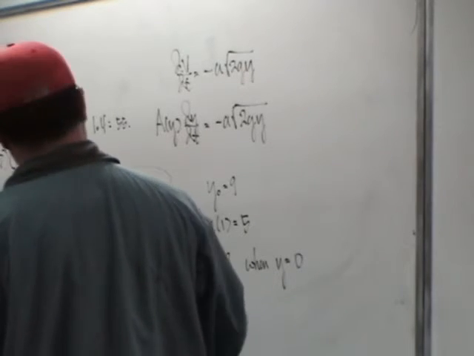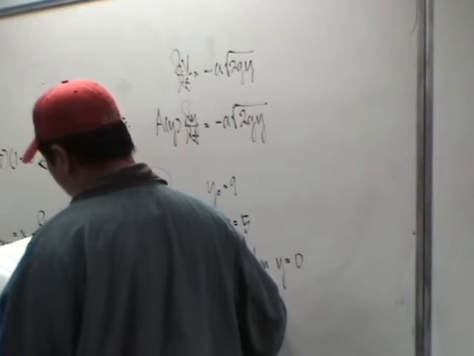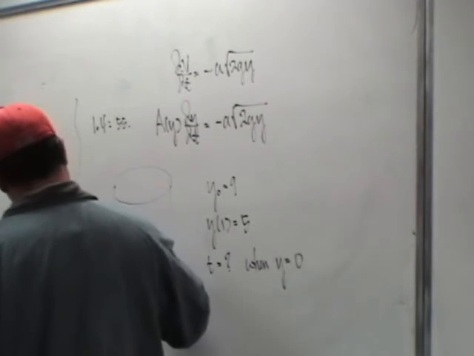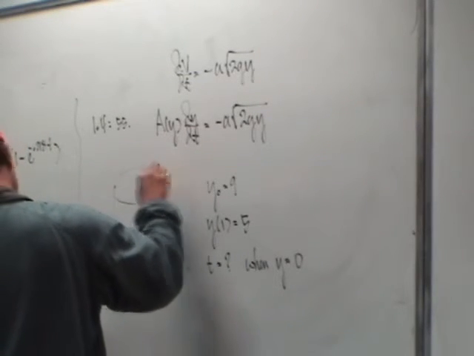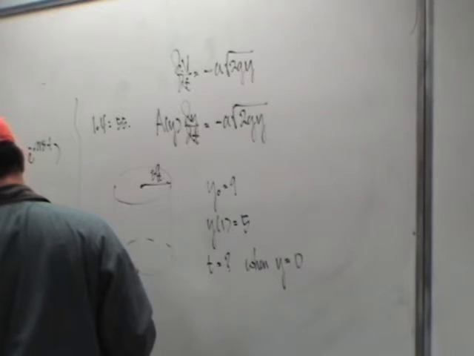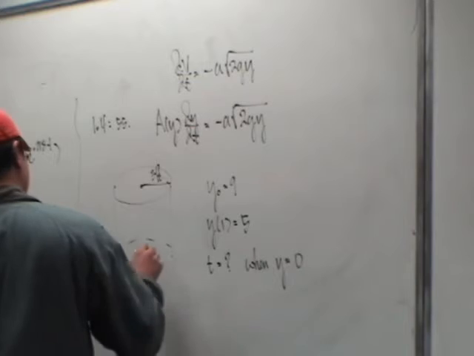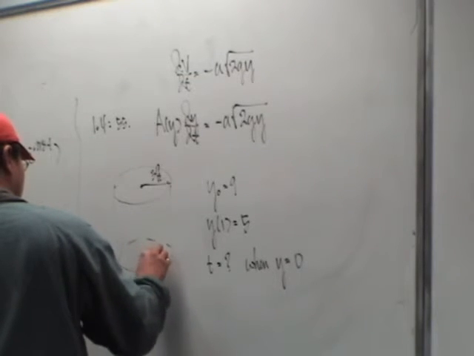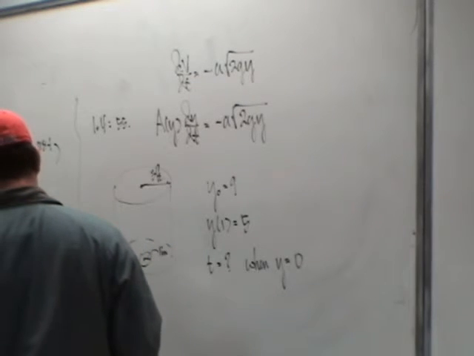Suppose that tank in problem 54 has radius of 3 feet, okay? So this radius here is 3 feet. And the bottom hole is circular with radius 1 inch.